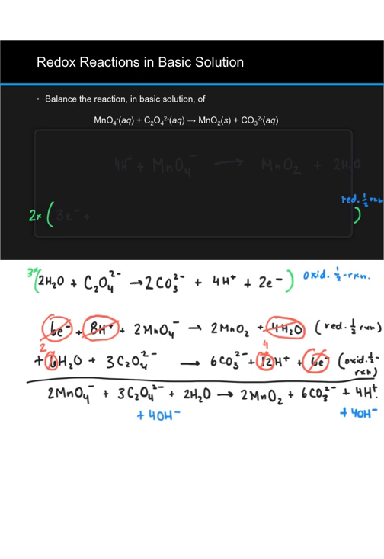When I do so, this whole group of stuff, 4 H pluses and 4 OH minuses, become 4 H2Os, and we place the H2O in the place of H plus plus OH minus.